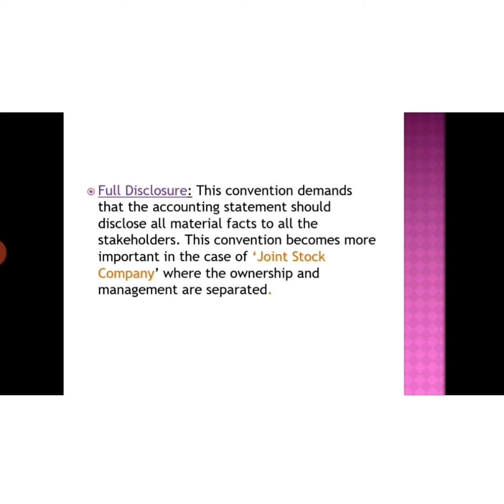So whatever relevant information should be provided by the management to the shareholders who are the actual owners of the company. It may include a proper profit and loss account or a balance sheet or any material facts which the management or any other stakeholder is looking forward to.